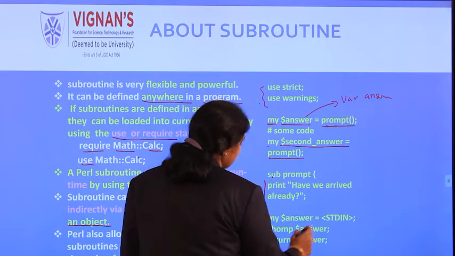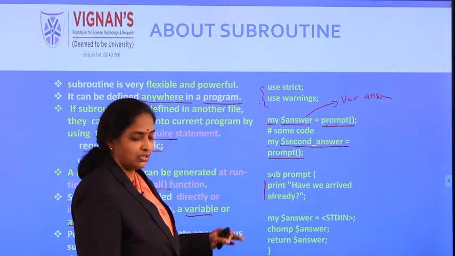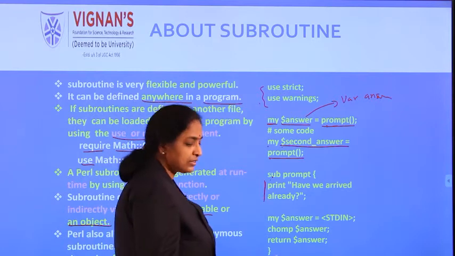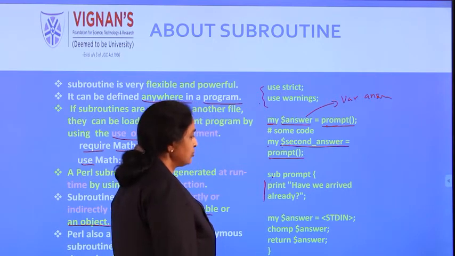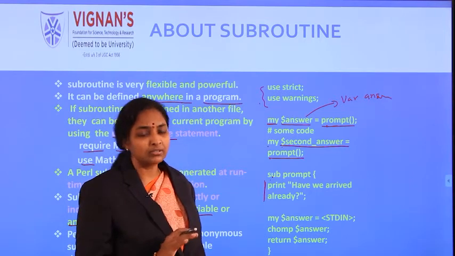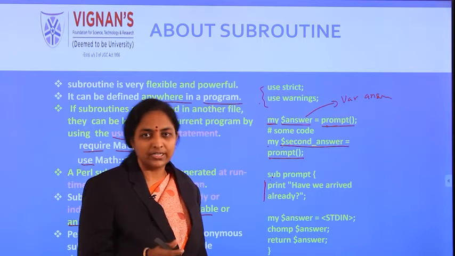Chomp answer, return answer. Now compared to the earlier function we have seen, three things can be observed. The first change you can notice is that in the earlier case we defined the function first and called it later.